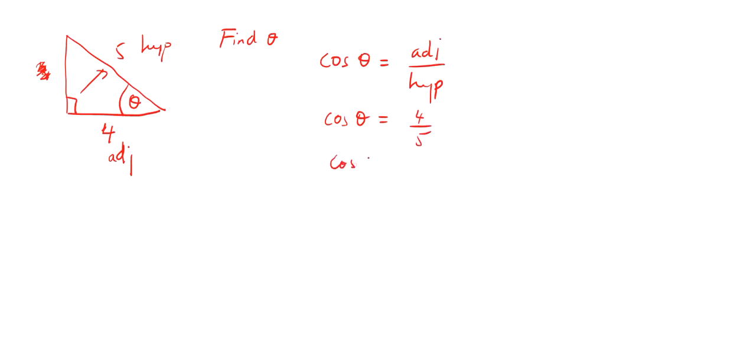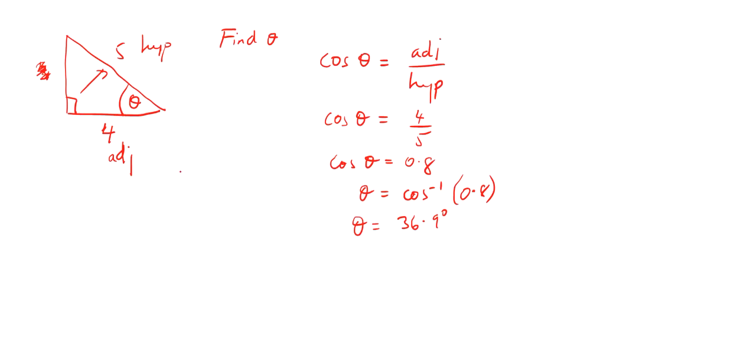So cos theta is equal to 4 divided by 5, or 4/5, which is 0.8, and therefore theta is equal to cos inverse 0.8. Now using a calculator to work this out: second function cos 0.8, and that gives me 36.9 degrees.